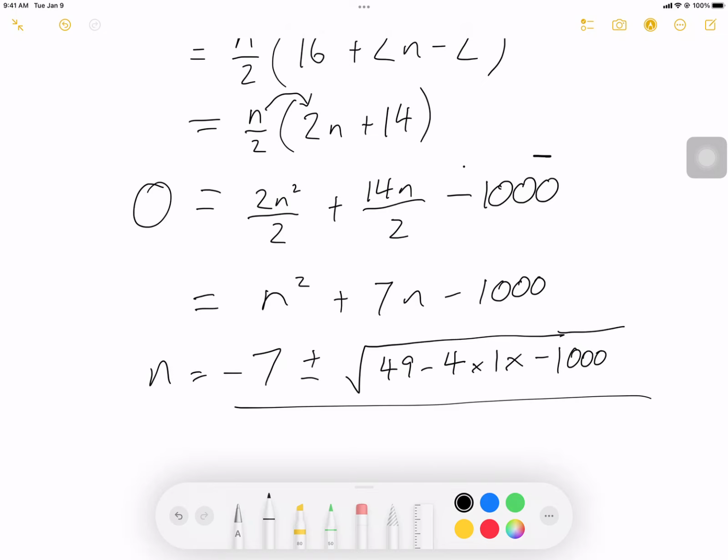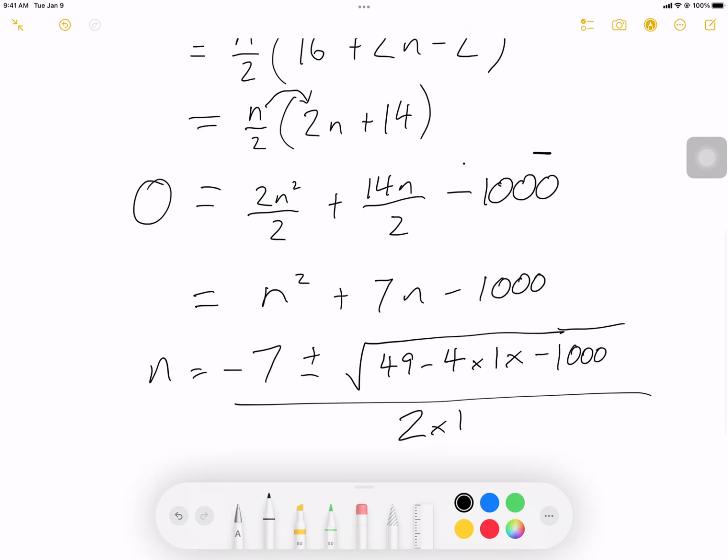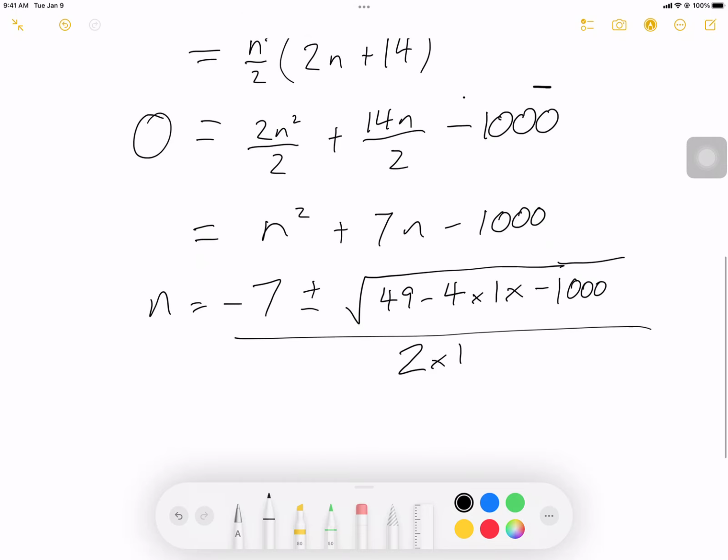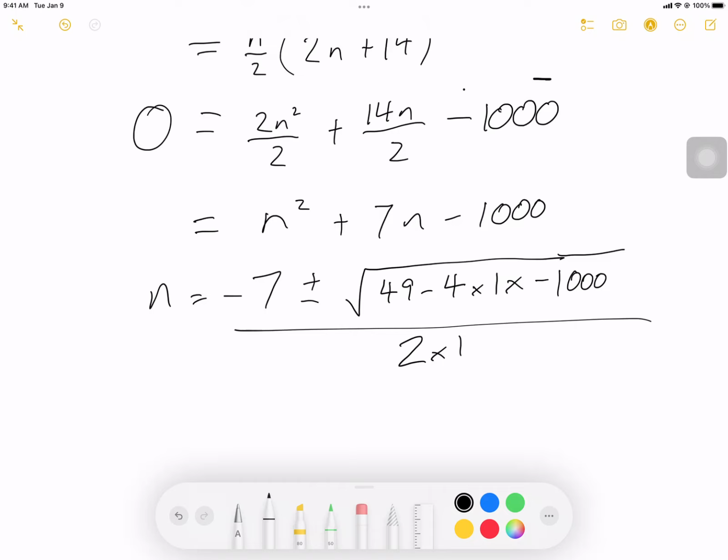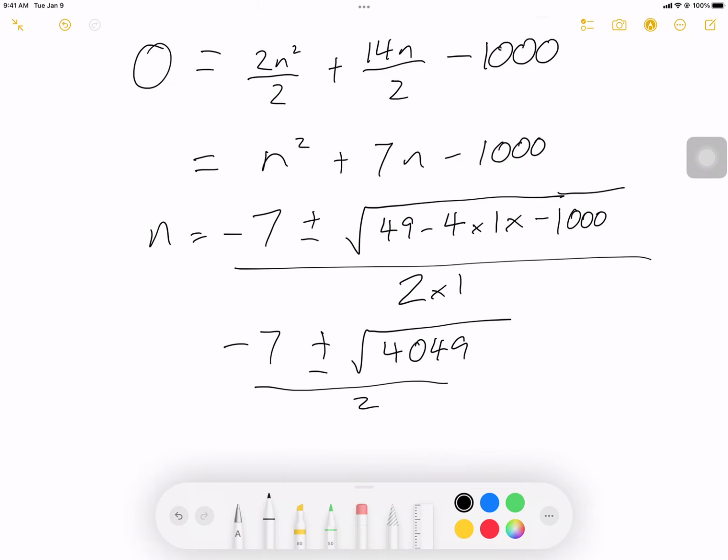Then I'm going to use 2 times a, or 2 times 1. So in here, I'm going to end up with 4,049 inside that, plus or minus from negative 7, all over 2. I'll get you to use your calculator to work that out.